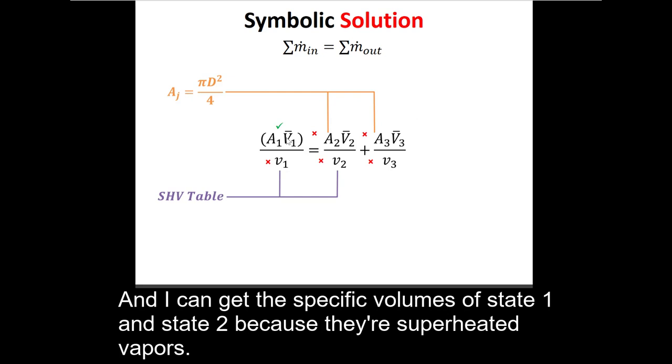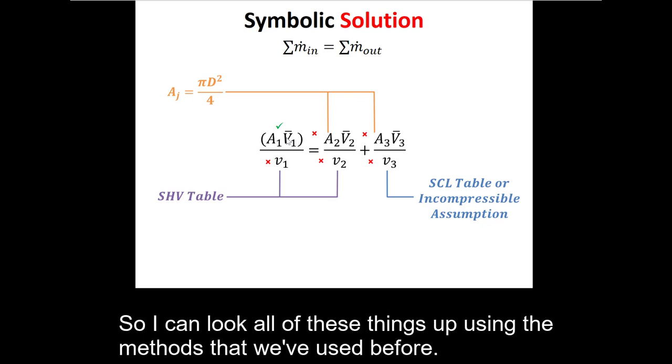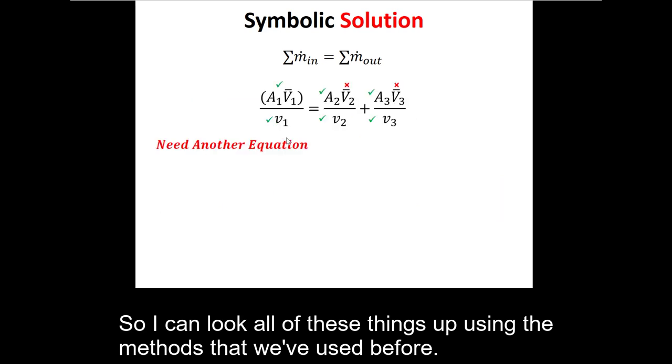And I can get the specific volumes of state 1 and state 2 because they're superheated vapors. And I can also get the specific volume at state 3, which turns out to be a subcooled liquid in this case. So I can look all of these things up using the methods that we've used before.